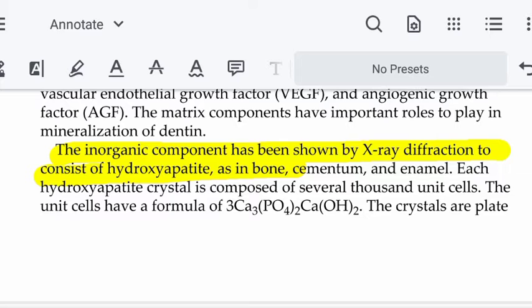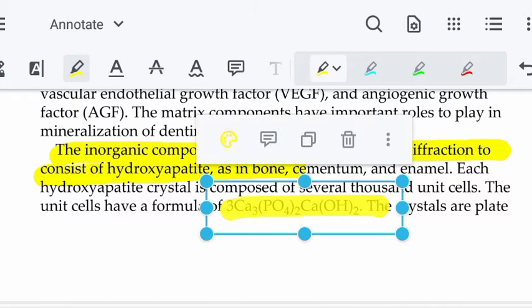These hydroxyapatite crystals are composed of 1000 unit cells. The unit cells have a formula.